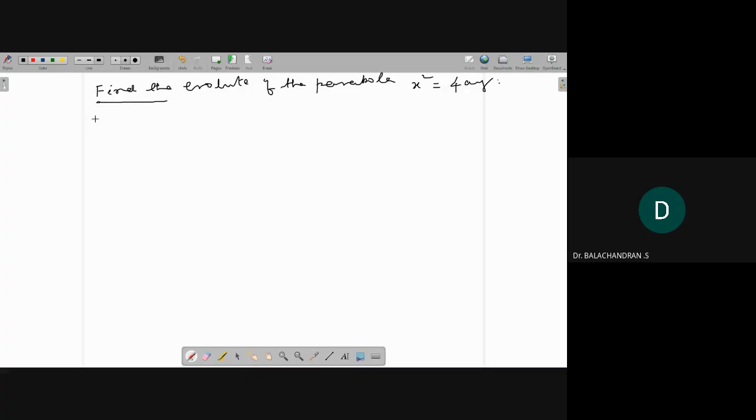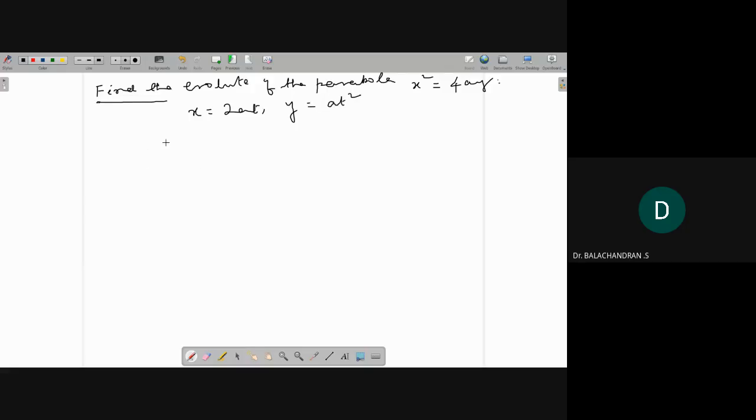Okay, so if you solve that problem, the only thing you need to do is eliminate the parameter t. So what is the parametric form of x square equal to 4ay? Anybody? x is equal to 2at and y equal to at square.